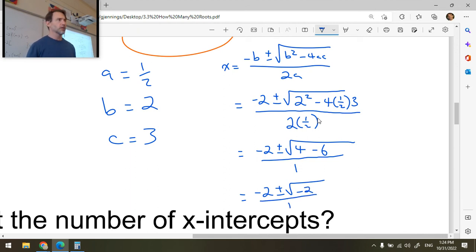All over 1. Can anyone find me a number that when you square it gives you negative 2? 2 squared? 2 squared is 4. But I want one number to multiply by itself and give me a negative number.